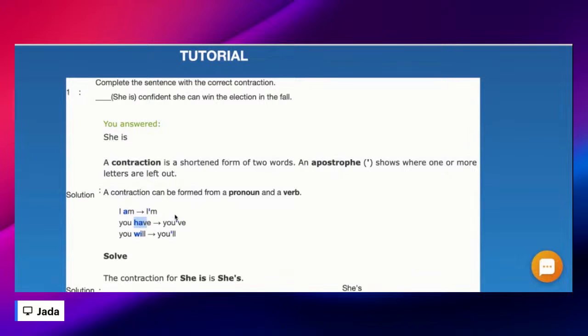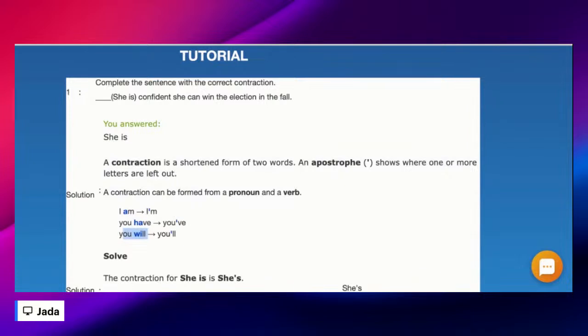Then you will: when we remove the w and the i, we get you'll. So contractions are literally just shortened versions of the words.